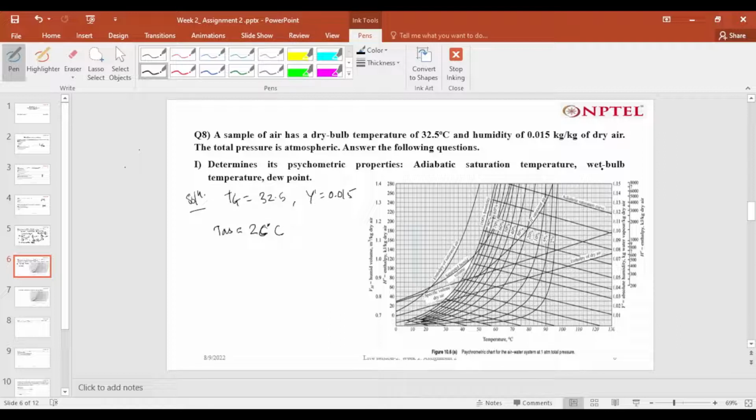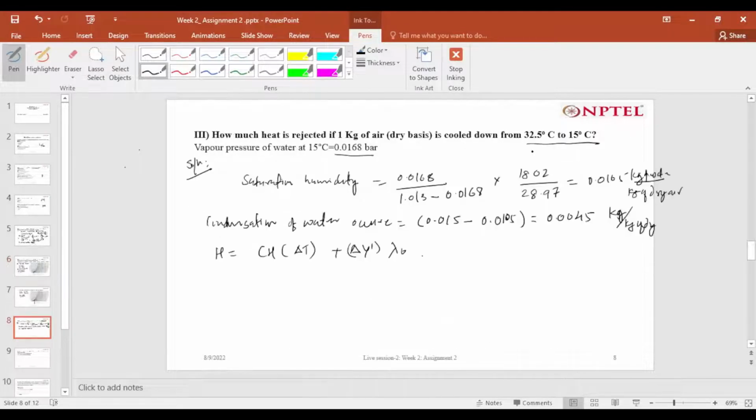Yes. First we have to check if some of the water vapor condenses out when air is cooled from 32.5 degrees Celsius to 15 degrees Celsius. Initially at 32.5 degrees Celsius they have given humidity 0.015. At 15 degrees Celsius the air gets saturated. Here the vapor pressure is given, so we calculate the saturation humidity.